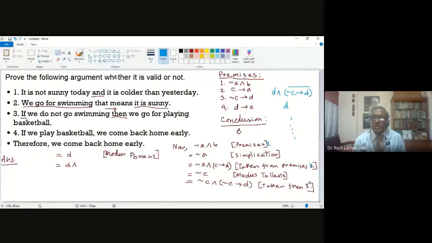Sometimes you can have the paragraph written in a different way. Say I am writing this sentence as number one, and this is two, and this is three, and this is four. You got my point?